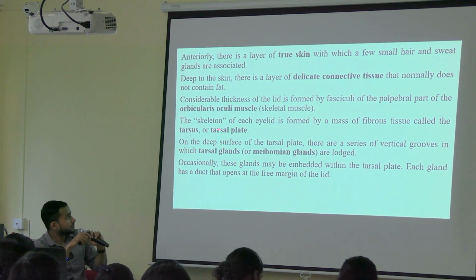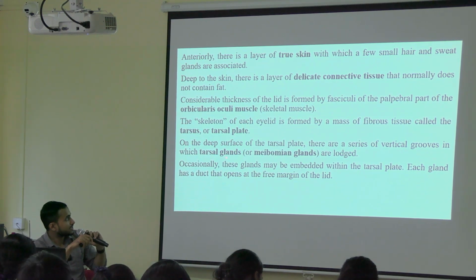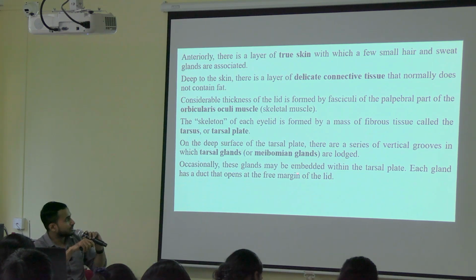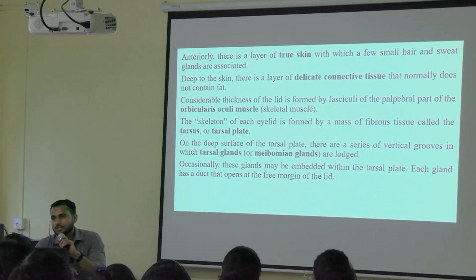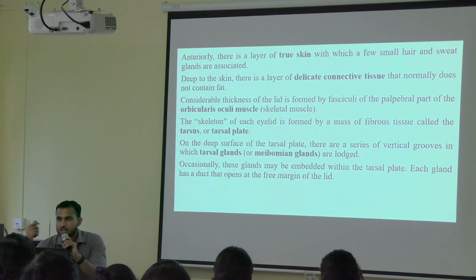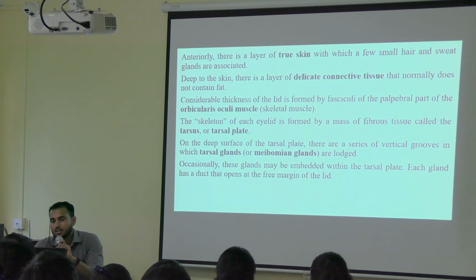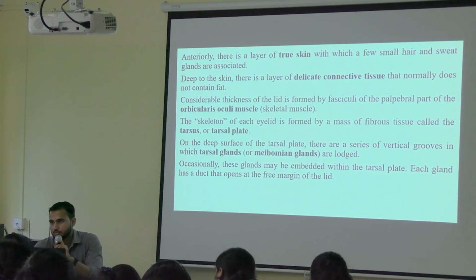Next, on the tarsal plate, what glands are we getting? Tarsal glands, also called meibomian glands. These particular glands are very important. Why are these glands important? Because their secretion is oily in nature, and that secretion prevents the evaporation of the corneal fluid.